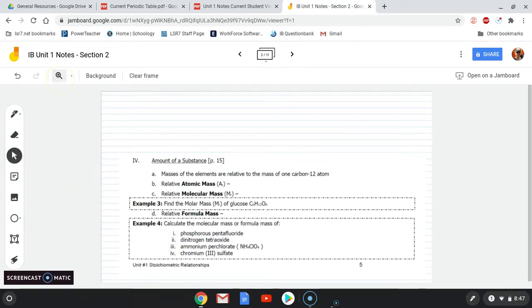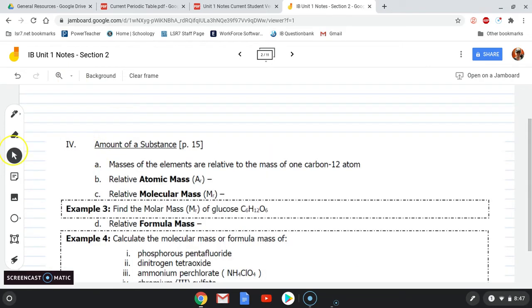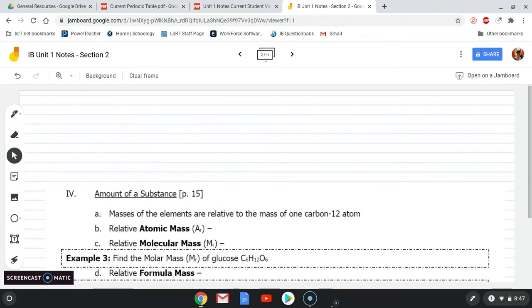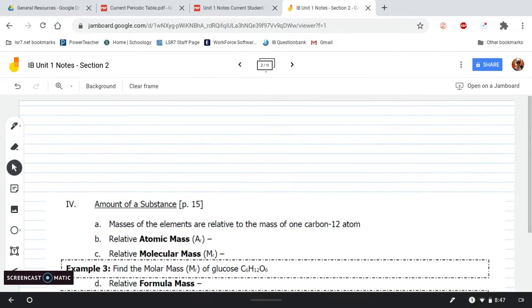I'm going to make that a bit bigger and zoom in on that. Okay, so what do I mean when I say mass of a molecule in grams per mole? Most things that you are looking at are going to be groupings of elements. They're not going to be individual things. And what do I mean by grams per mole?